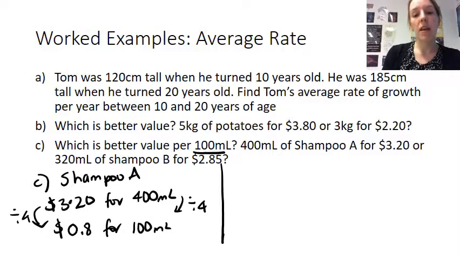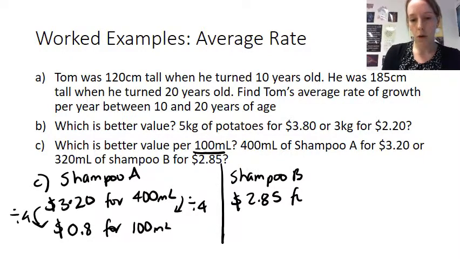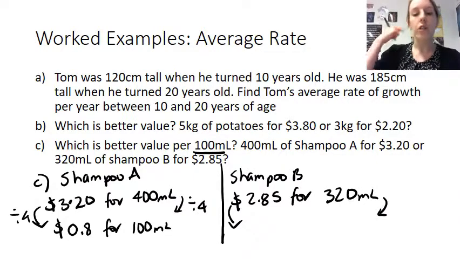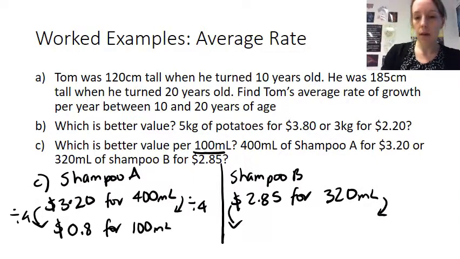Let's do shampoo B. You'd probably work down the page again. So shampoo B costs $2.85 for 320 milliliters. So we only want to know the price for 100 milliliters. So we're going to divide by 3.2 to work out our price per 100 milliliters.